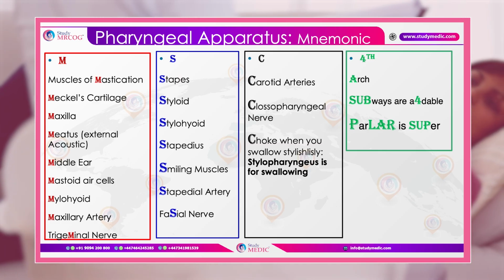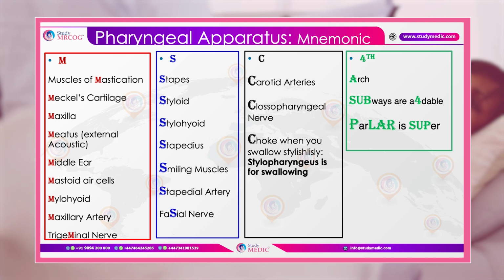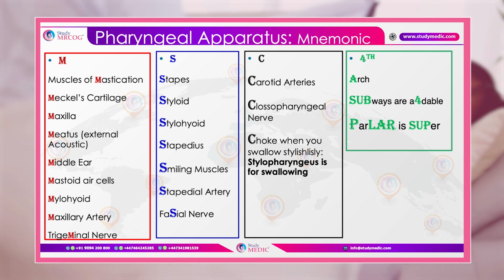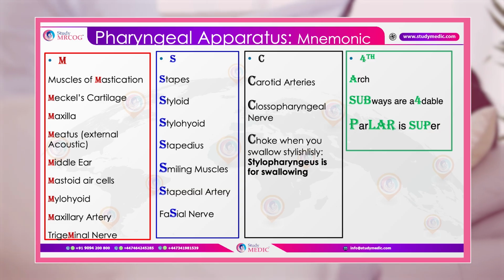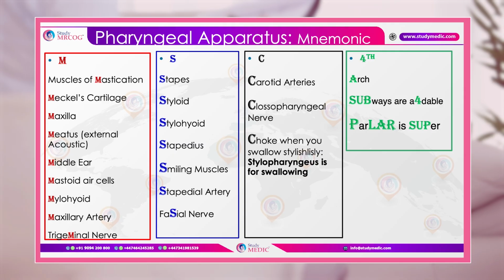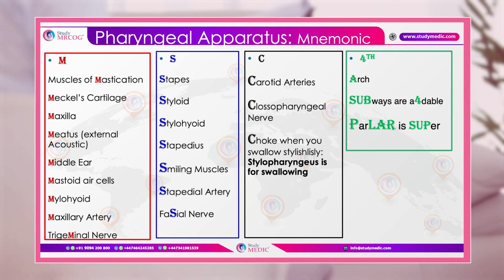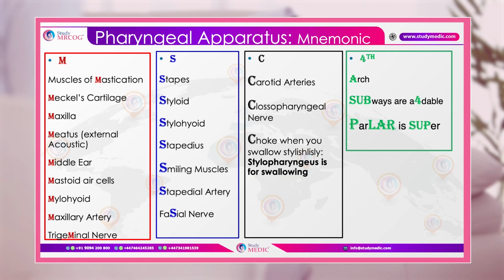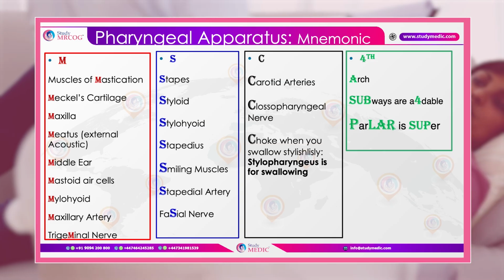Now moving on to the second, like we again did in the aortic arches, S. The second is S, and we did that it is the stapedial artery and the hyoid artery, because it is also called the hyoid arch.